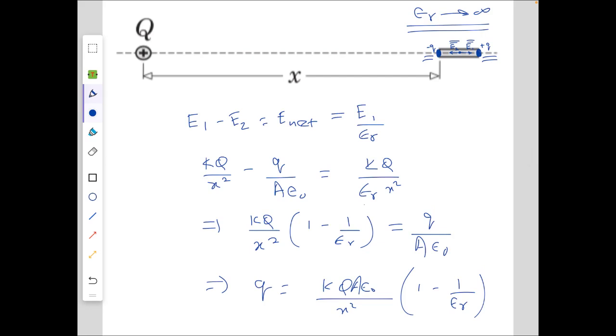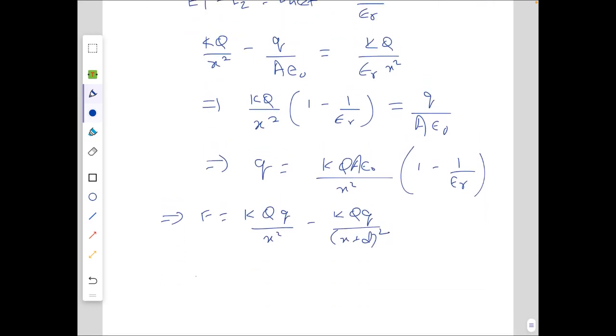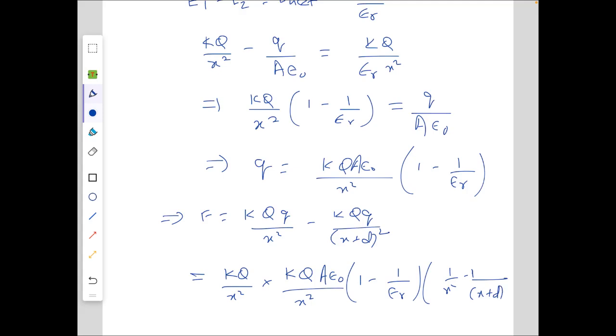or we can directly write the force as kQq over x squared minus kQq over x plus d whole squared. So what we get from here is kQ by x squared multiplied by small q, which is kQ a epsilon naught over x squared multiplied by 1 minus 1 over epsilon r, multiplied by 1 by x square minus 1 by x plus d whole squared.